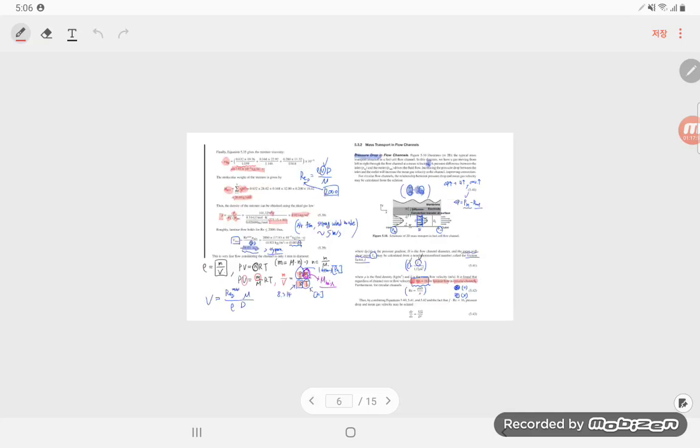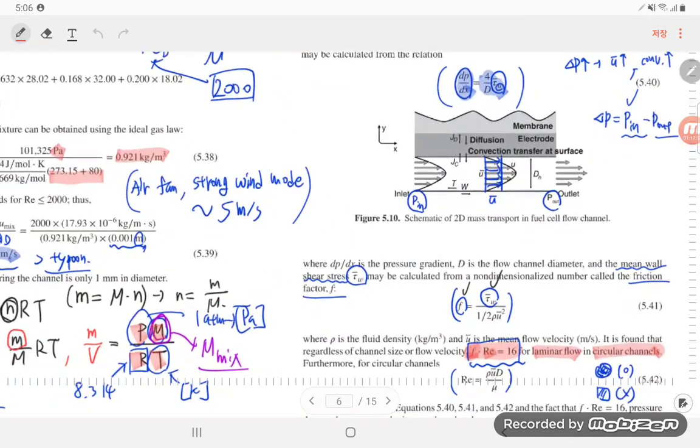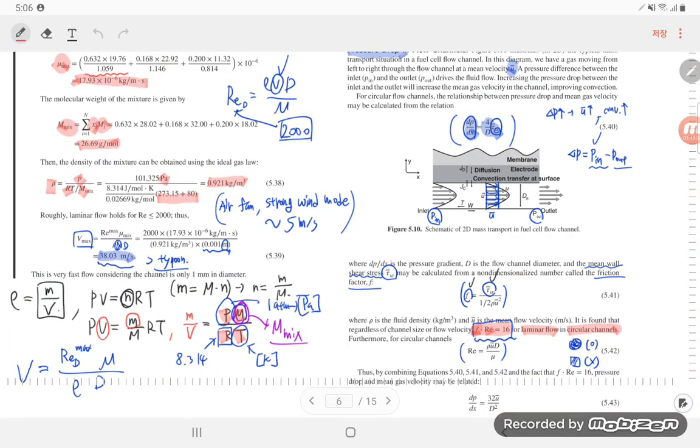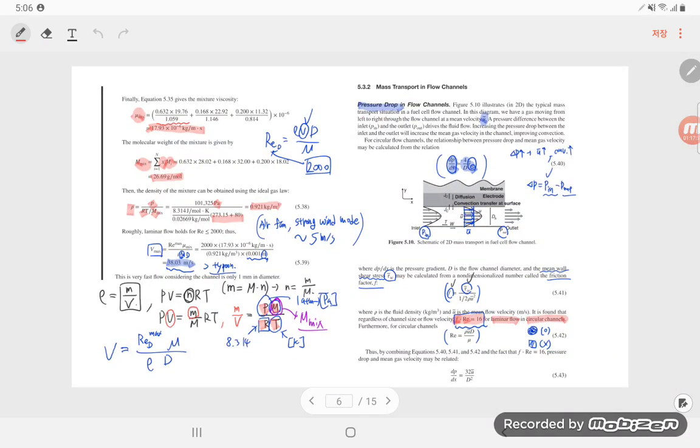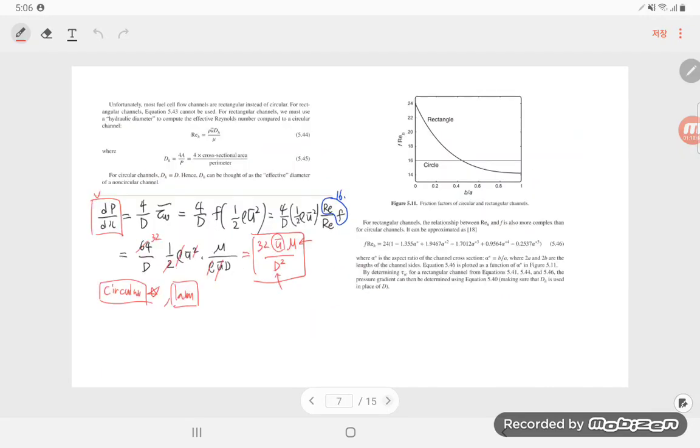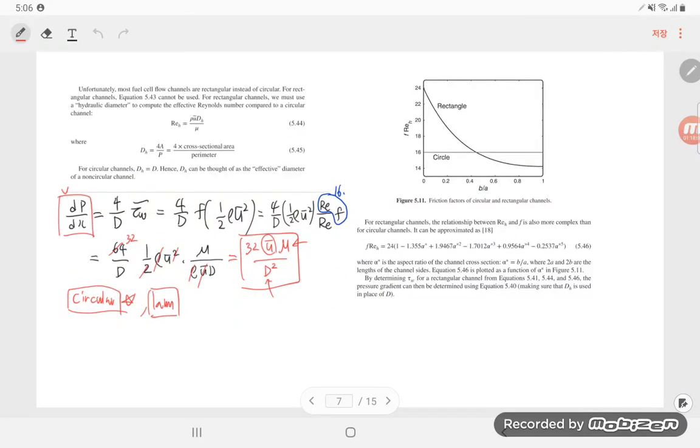We can calculate it, and in here, okay, there is a missing one. We should multiply mu on this side, right? Okay, so this is very important to calculate the pressure drop through the channel.